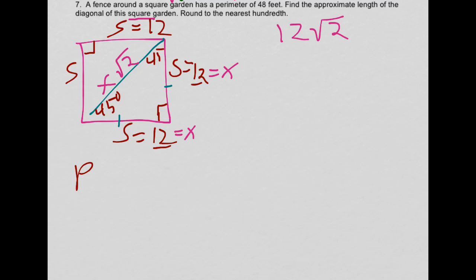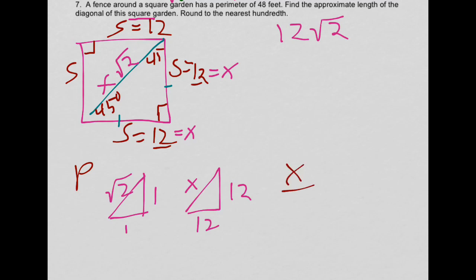Or you could draw out the triangle that you know, the 1, 1, root 2 triangle, and draw out the triangle that you're trying to solve for, 12, 12, and then x on here, and then just set up that ratio. x over the corresponding side in your known triangle, and 12 over the side that corresponds to 12, which is 1.